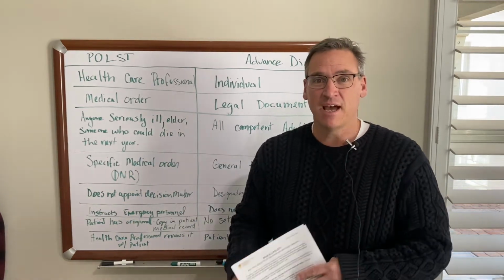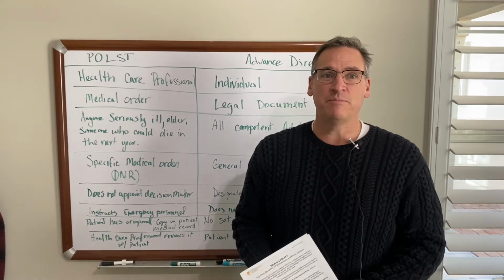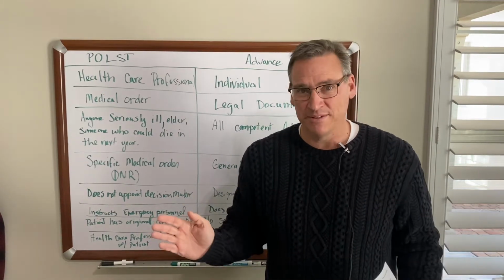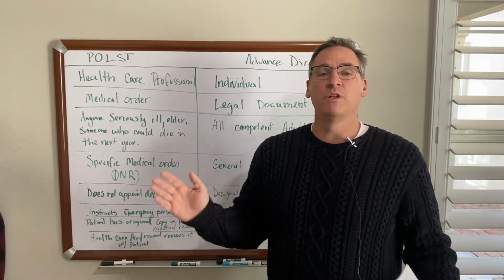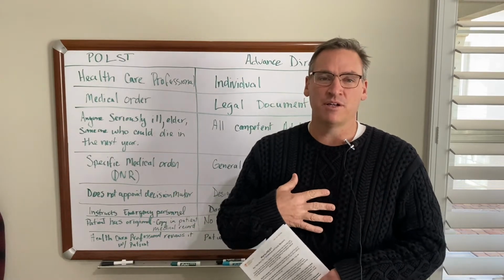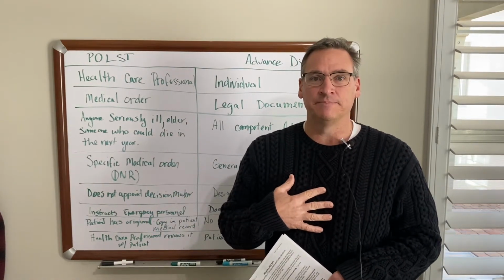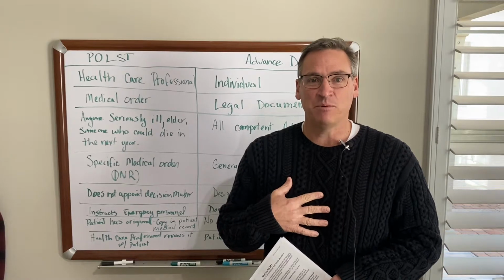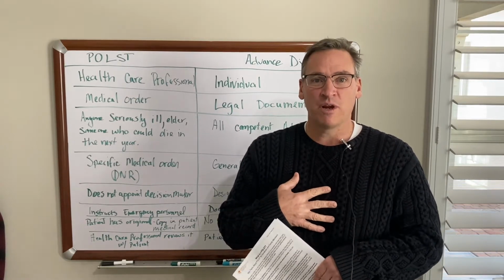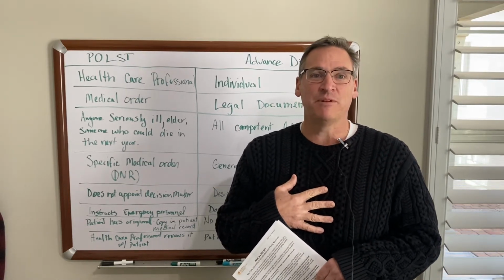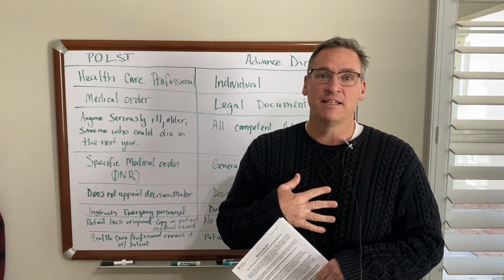Really, a lot of times this form is filled out when people say, I do not want to be resuscitated if something really bad has happened. I don't want CPR. You know, there's lots of accidents that happen when people are doing chest compressions. For elderly people that have brittle bones, you can imagine that can be awful.